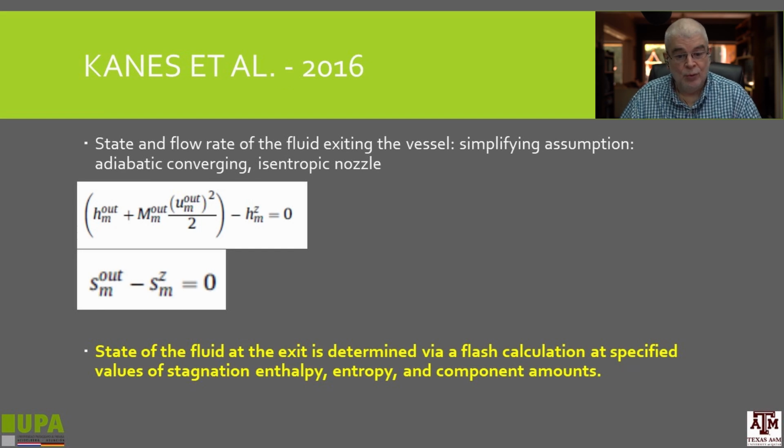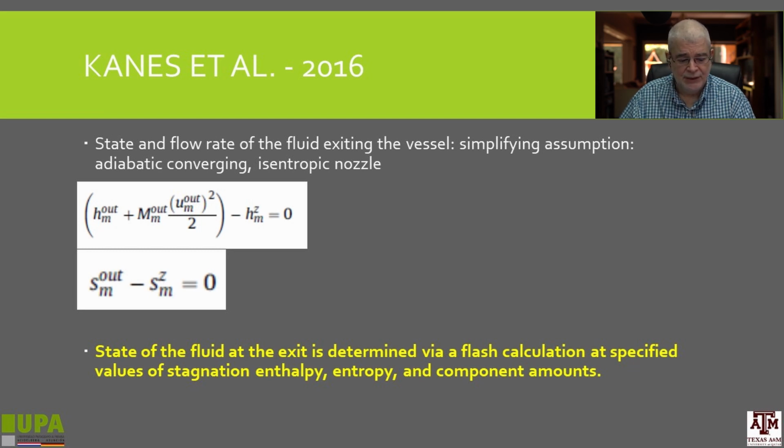Another thing that I need to worry about is the leak flow rate. The way it was modeled in this conventional model is to assume that the leaking point is at steady state and is a converging, adiabatic and isentropic nozzle. If this is the case, then the enthalpy of the fluid inside the tank has to be equal to the enthalpy of the fluid that leaves the tank plus the kinetic energy.